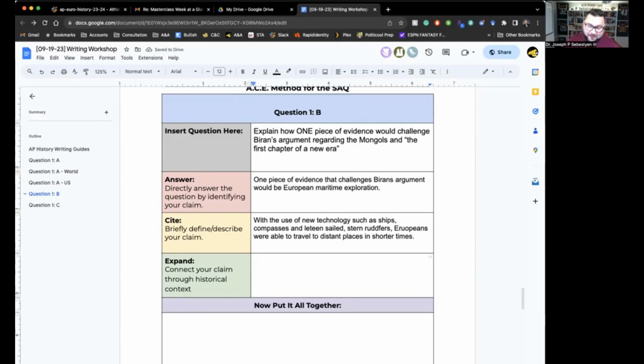And now we have the fact, but now we have to connect it. We have to expand and provide the context. Why isn't it the Mongols?